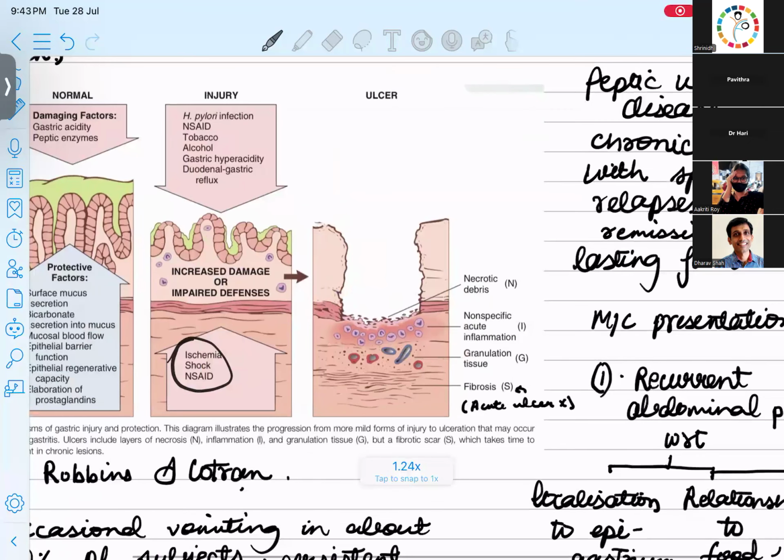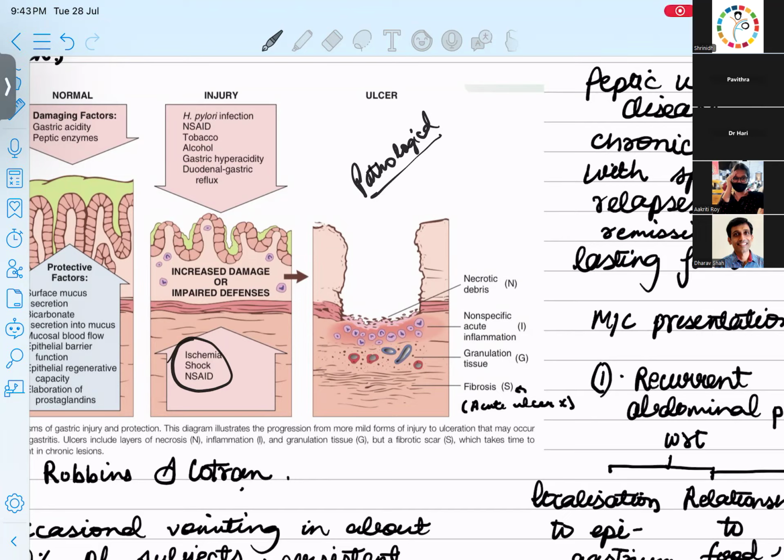The ulcer bed, from a pathological point of view, is important because it has, first of all, the necrotic debris, which is present at just the level of mucosa. Then there is non-specific acute inflammation, which might have neutrophilic infiltrations or even lymphocytic infiltrations in chronic cases.